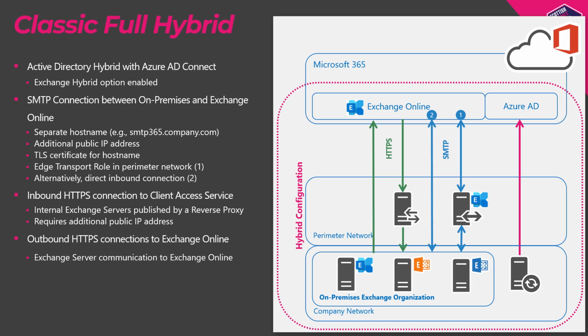At the same time, the internal Exchange servers must be able to resolve external host names for Exchange Online and must be able to access Exchange Online using HTTPS as well. This is required to enable the on-premises Exchange servers to resolve and fetch free/busy data and any other hybrid data from Exchange Online for those mailboxes that are hosted in Exchange Online. So that's the main difference between classic full hybrid and modern full hybrid, which I'll show you next.